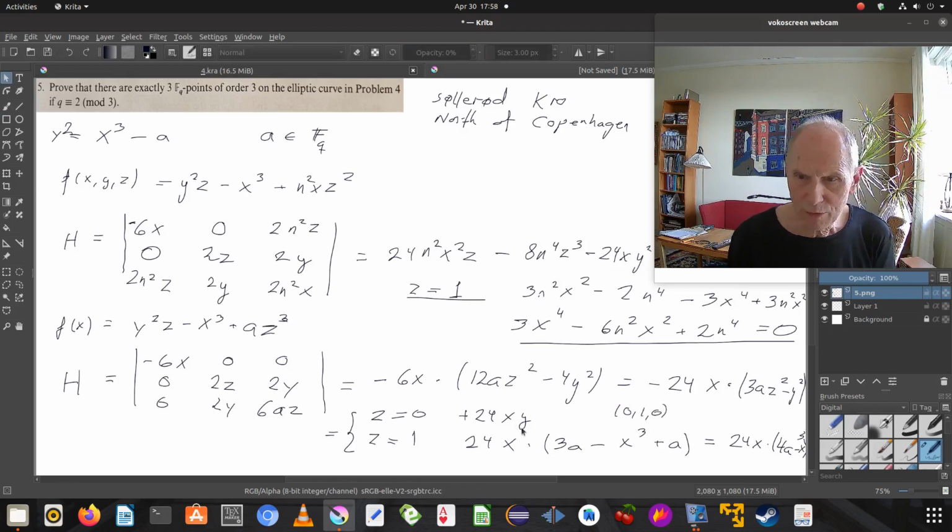And now down here, if x is nothing, then y is as well. No, then y is the square root of minus a.